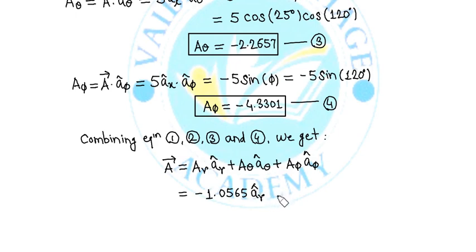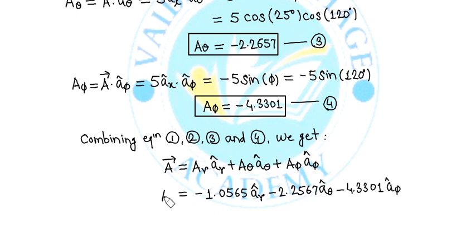Now what is the A theta value? Here we have A theta to be minus 2.2567 A theta cap. And what about this A phi? We have A phi to be minus 4.3301 A phi cap.